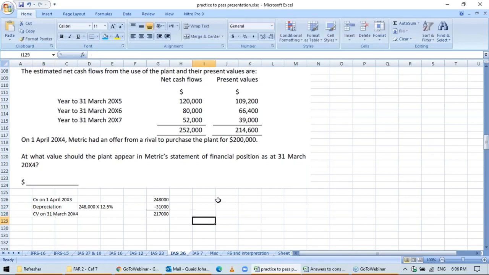Now we'll compare this carrying value with the recoverable amount. So you should remember what recoverable amount is. Recoverable amount is the higher of the asset's fair value less cost to sell and value in use.